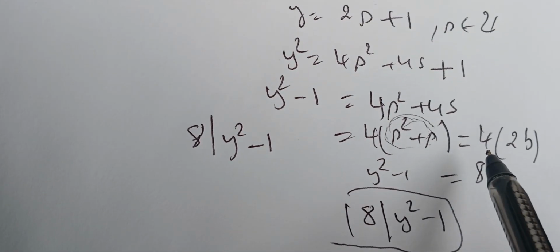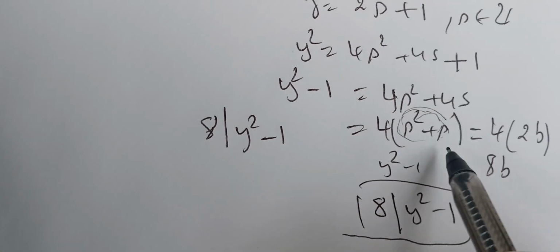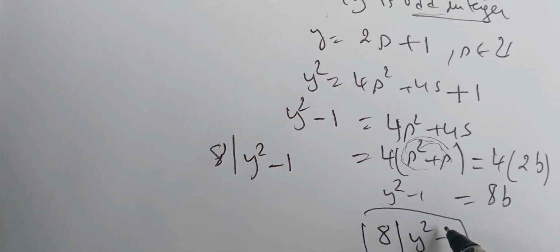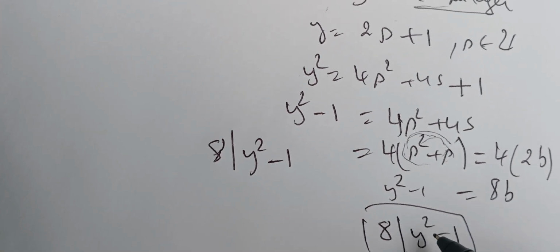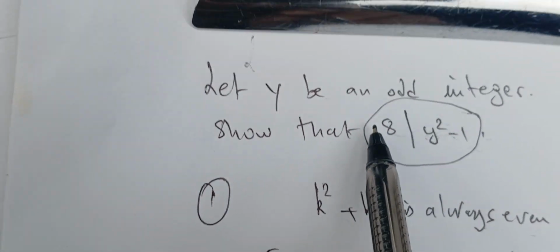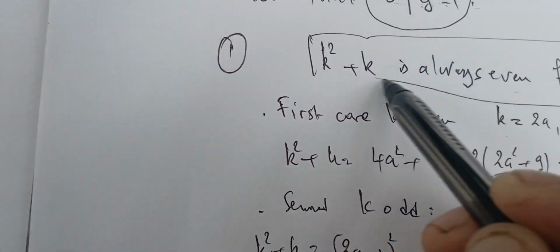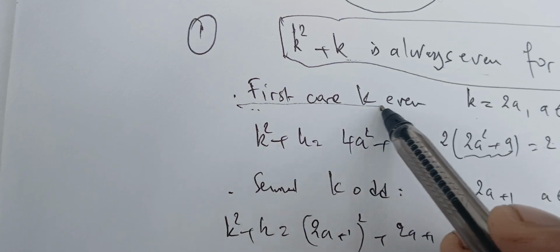We used some algebra and a result that we have proved to show that 8 always divides y squared minus 1 if y is an odd integer. This proves the result that we need. Remember that to prove this result, we used the fact that we proved, using the proof by cases.